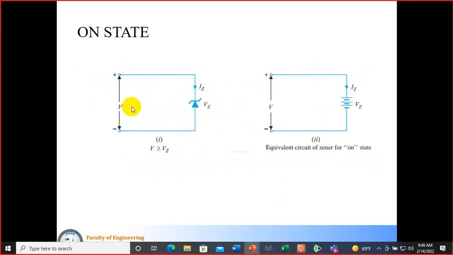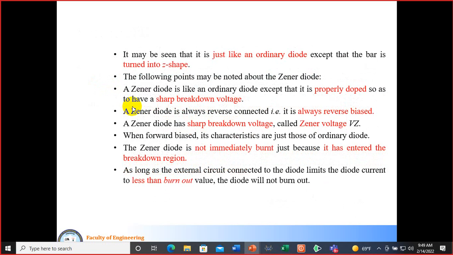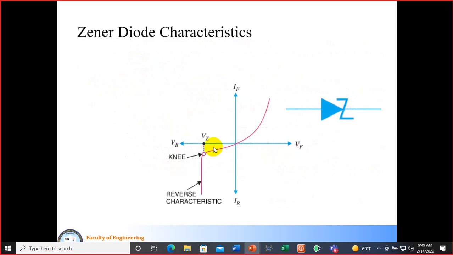I think if you use this picture, it can be explained more clearly. You see, when we apply the voltage, this is the zener breakdown voltage Vz. When the reverse voltage is less than Vz, that's the off state. The circuit will be disconnected. Off state, the circuit is disconnected.